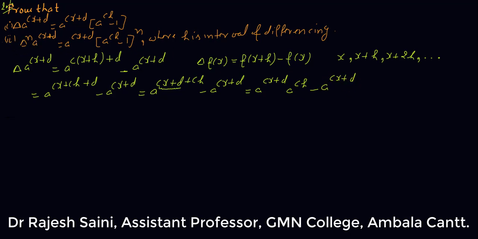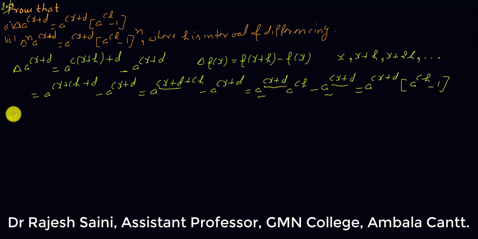Now you will take this a raised to the power cx plus d common, because it is the same in both terms. Inside the braces we are left with a raised to the power ch minus 1.